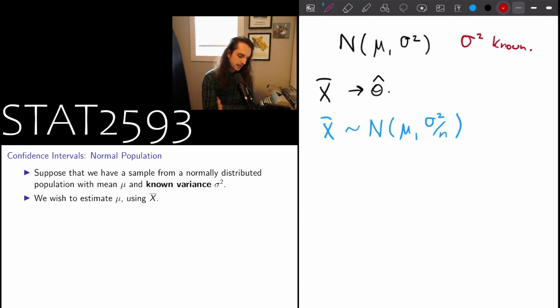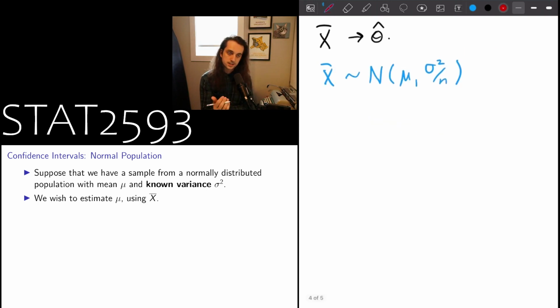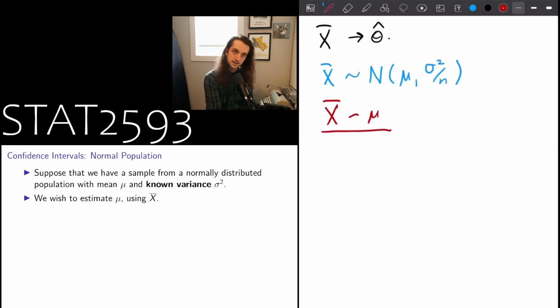And if we think back to how we dealt with normal populations, oftentimes what we would do is say, instead of dealing with a normal that has arbitrary mean and variance, let's centralize this, right? So we take x bar minus mu, divide that by the standard deviation, which is sigma divided by the square root of n. And we can say that that is going to be normal 0, 1, right?